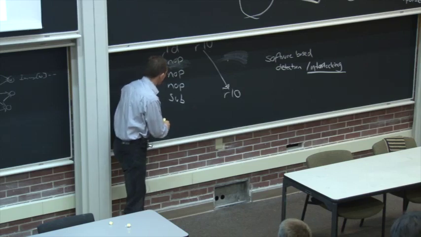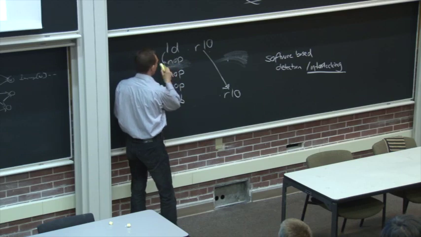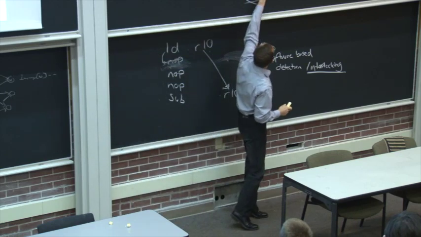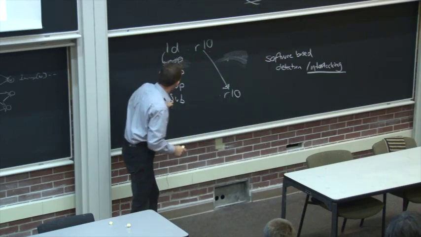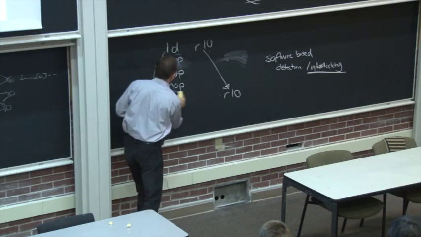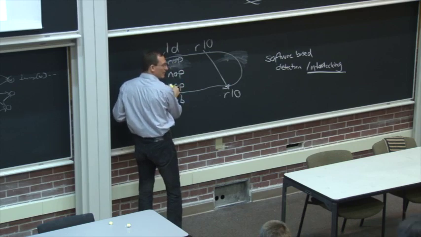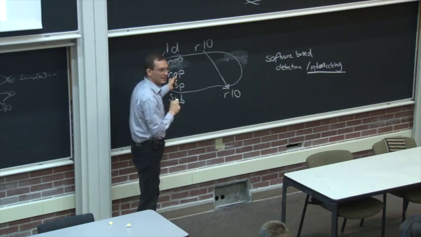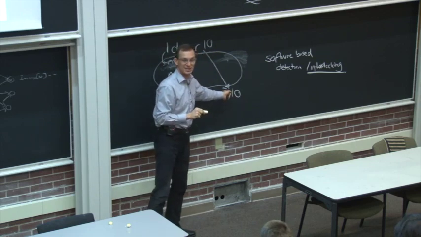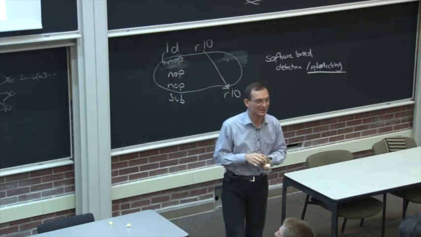To ensure that in the presence of these dependencies, you can keep the pipeline full without adding no-ops. So if you can find some instructions down here that are independent of the load and the subtract, and you don't change the program semantics by moving them here, you can fill these slots, I will call them, with useful instructions, while still ensuring that the pipeline is full and the hardware doesn't have any dependency check logic. Make sense? Okay, that's the third solution.